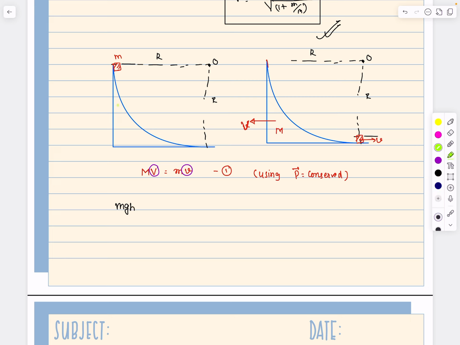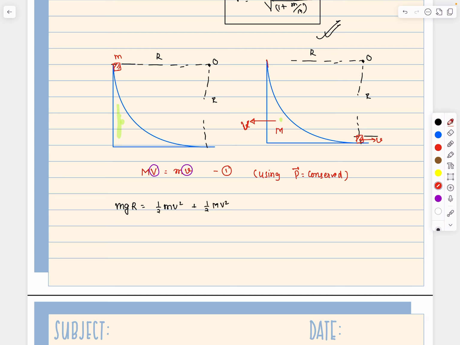Since the wedge's center of mass remains the same, the work done by gravity on capital M is 0. But small m initially was at this location and finally has reached here, so it has moved distance R vertically downward. So work done by gravity is mg into capital R, and that equals the change in kinetic energy of the system.